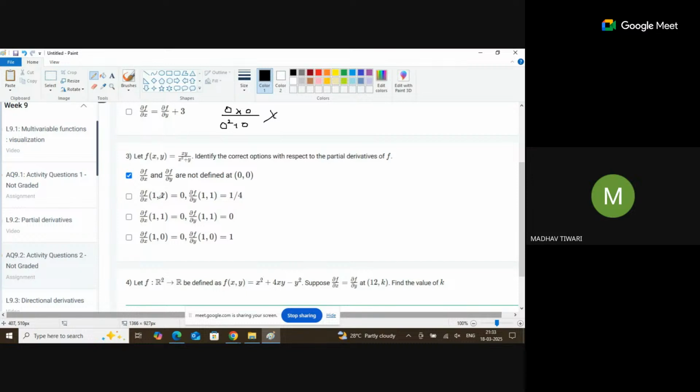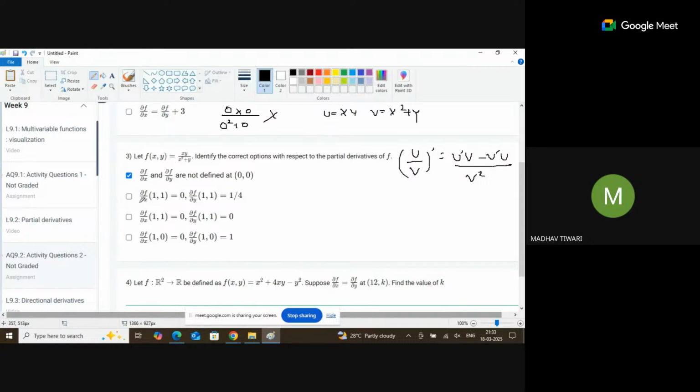Next, we have to differentiate with respect to x. So if I differentiate it with respect to x, what would that be? Suppose my u is xy and v is x square plus y. So I have to find the derivative of u by v. It is actually u dash v minus v dash u, by v square, I think.